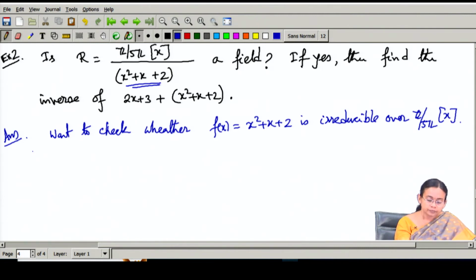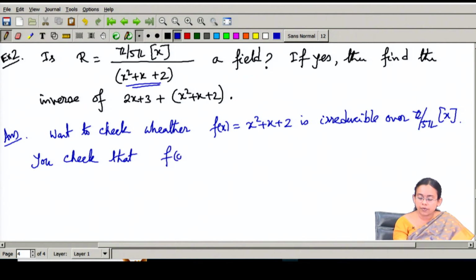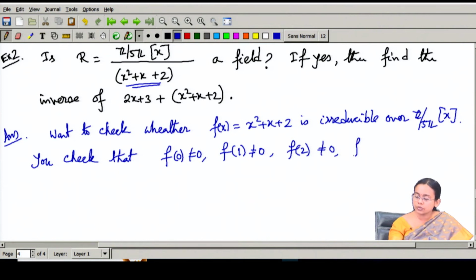So, you can check that f of 0 is non-zero, f of 1 is non-zero, f of 2 is also non-zero, f of 3 is also non-zero, and f of 4 is also non-zero.